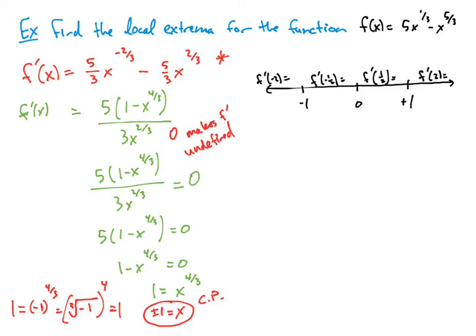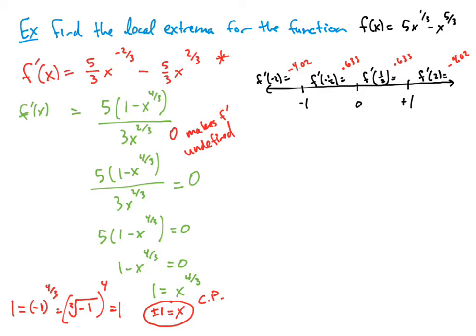Finding these values, for f prime of negative 2 we get negative 4.02. For f prime of negative 1/2, we get about negative 0.633. For f prime of 1/2, we get positive 0.633. And for f prime of 2, we're back to negative 4.02.